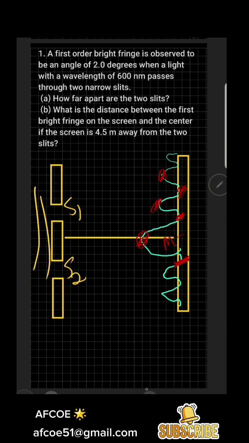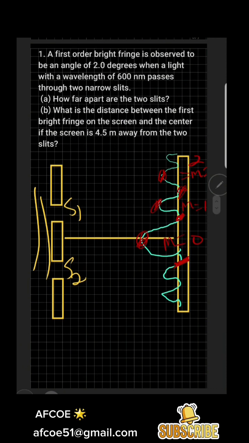And by the way, before we continue, we'll say that this is the first order bright, m equals 0. The second, where we have the next bright fringe, is here, so we'll be having m equals 1. The next bright fringe, m equals 2. And down here we have m equals -1, m equals -2, and m equals 3, and so on.